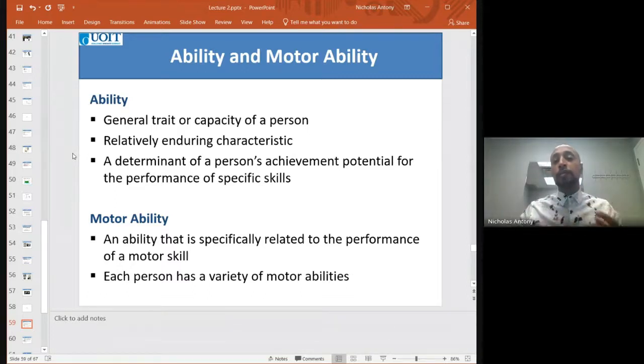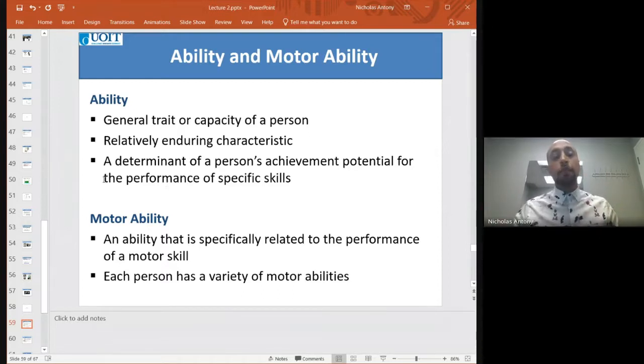So an ability is a relatively enduring characteristic, and it is the determinant of a person's achievement potential for performance of a specific skill, right? So that guy is really able, or he has a good ability in this. It means they have a nice potential in achieving that. Does that make sense? I kind of butchered that, but that's the term ability.